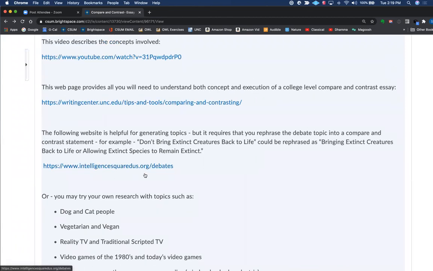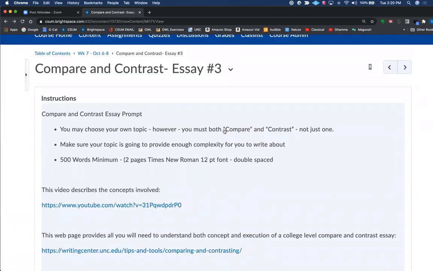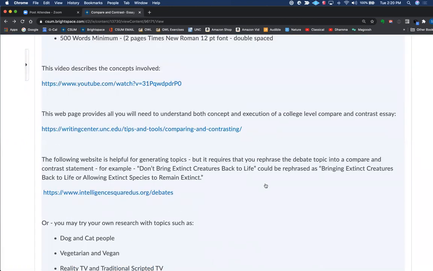This one right here will give you access to a podcast, which is basically just a podcast of some NPR shows. And what they're going to do is have a debate topic. And if you use your imagination to rephrase the debate topic, you're going to have 2 sides of an issue. Then you can compare and contrast 2 sides of something.